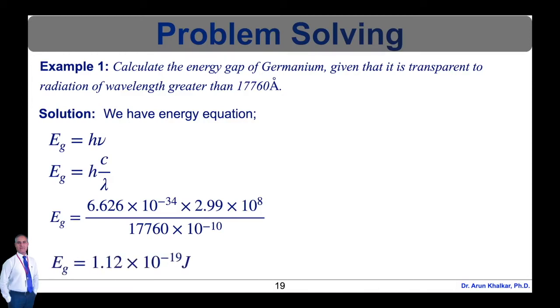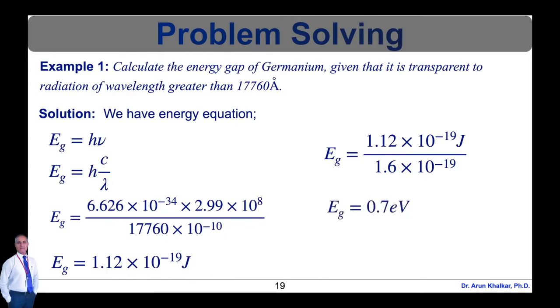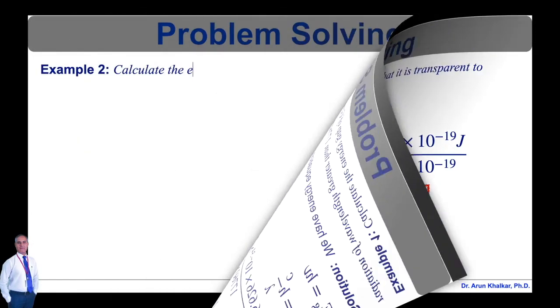After calculating this, we get energy gap Eg is equal to 1.12 into 10 raised to minus 19 joule. So this energy is in joule. Let's convert it into electron volt. Energy gap Eg is equal to 1.12 into 10 raised to minus 19 joule divided by 1.6 into 10 raised to minus 19. Therefore, we got the value Eg is equal to 0.7 electron volt. So this is the energy gap of germanium.